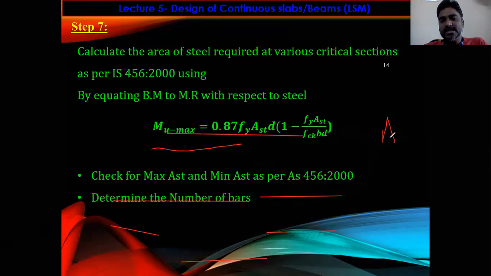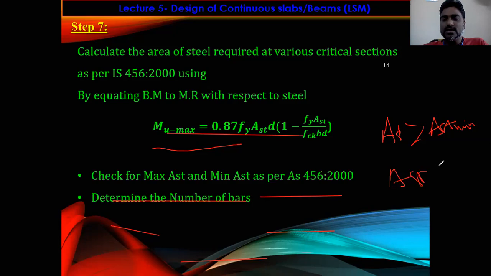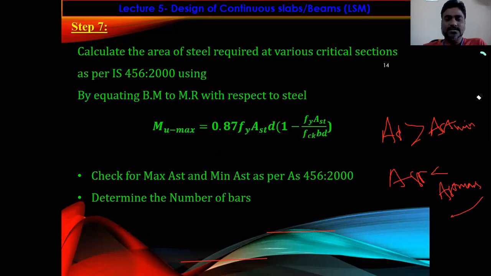So your AST should be greater than AST minimum and it should be less than AST max, right? If it is satisfied, then you can go for further steps.